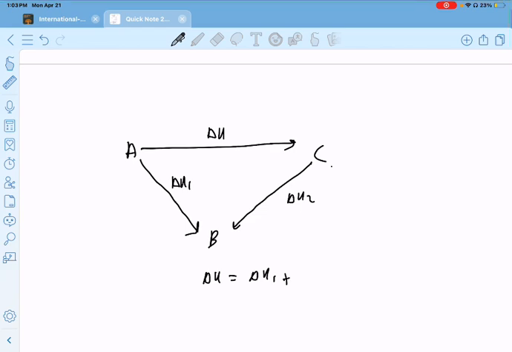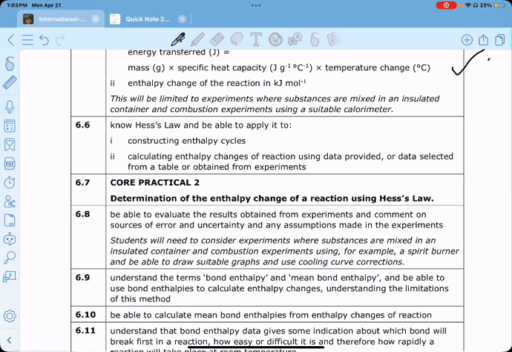You add it to this one, but this arrow is going in the opposite direction, so you will subtract delta H2, okay? It's vectors, and I think this was done in O level maths as well, but basically just vectors here. That's how we use Hess's law to do this.